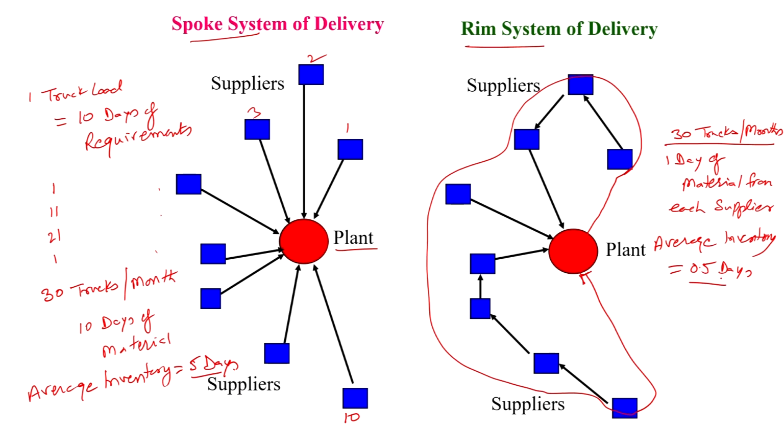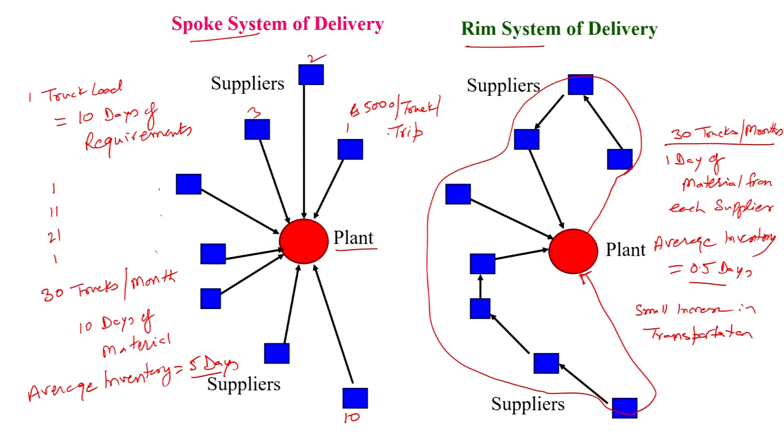There may be a small increase in transportation cost, because when they come point to point, the transportation cost may be less. Suppose, for example's sake, each truck costs 5,000 rupees per trip.